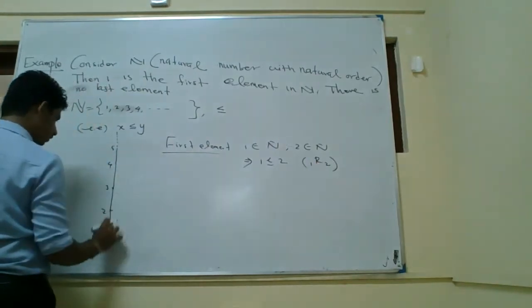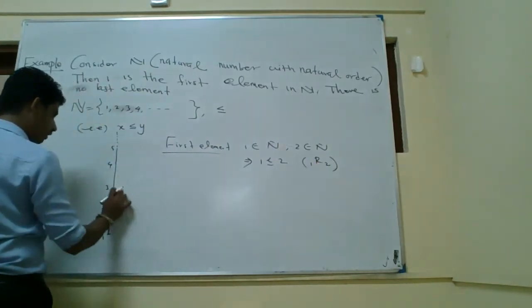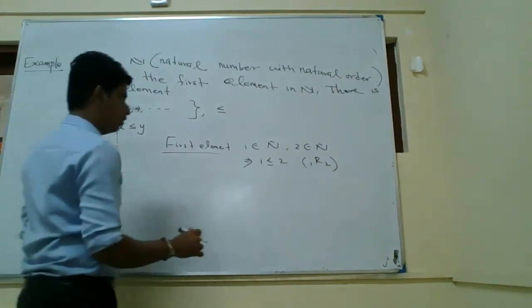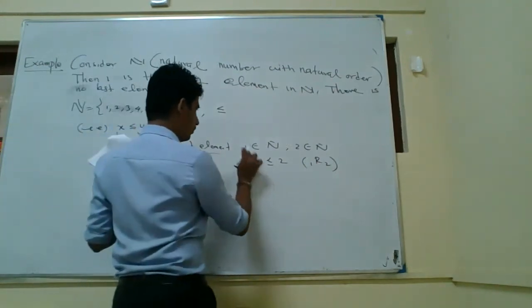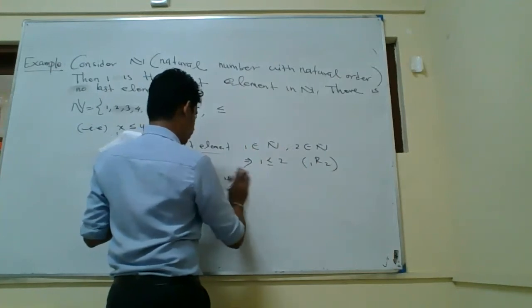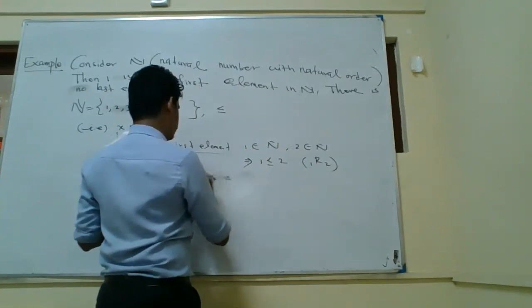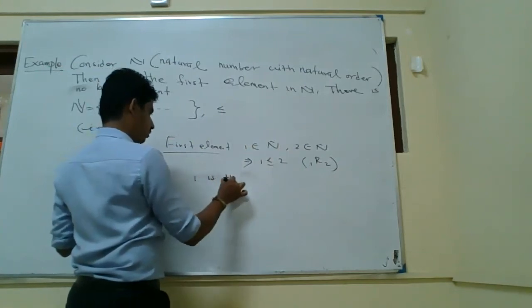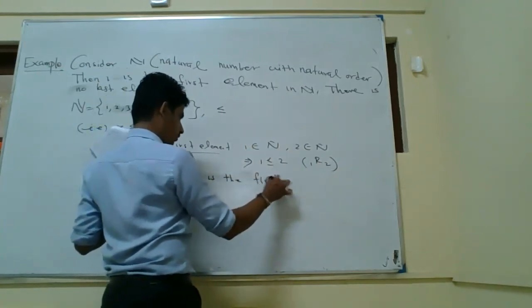Suppose you take 3, 1 precedes 3. Is it okay? Yes. Take 4, 1 precedes 4, is it okay? Therefore, 1 is the first element.